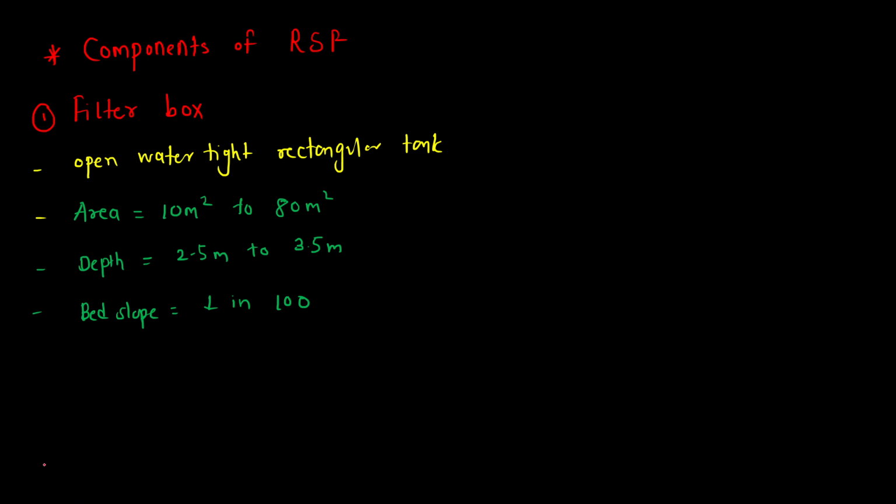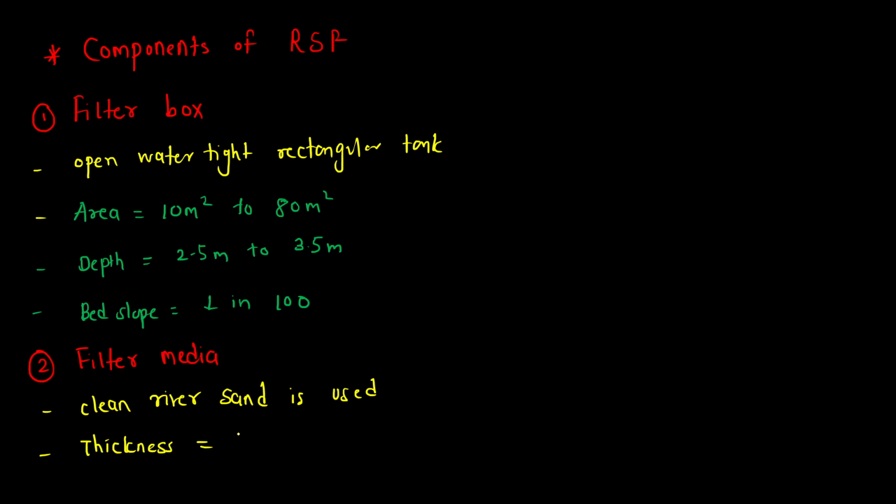See, this we already discussed, so we won't be taking much time now. You can just go to the previous video to understand what is the filter box and the other things. Okay, the next is filter media. So in this case also clean river sand, that we call silica sand, is used. What should be the thickness?